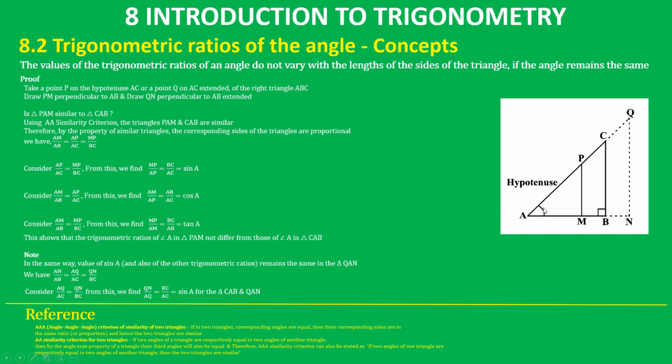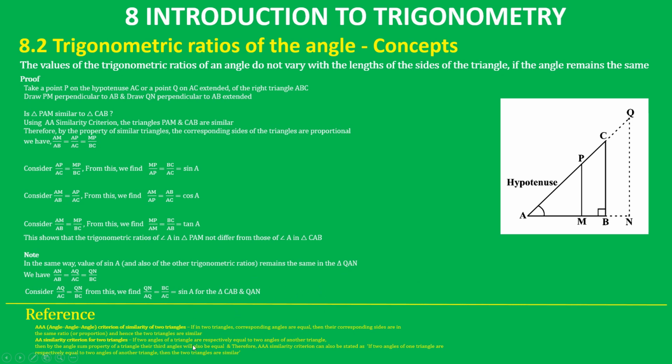You know, in a triangle, if two corresponding angles are equal, obviously the third angle will also be the same. Then we can reduce it to angle similarity. So, what does angle similarity say?